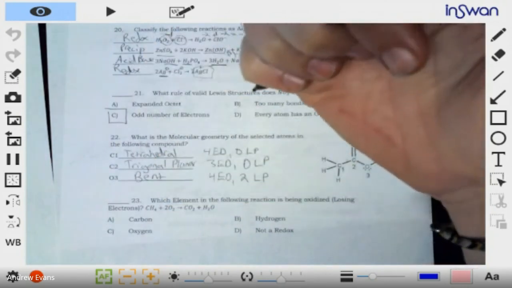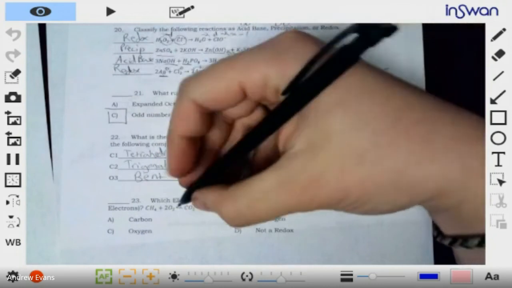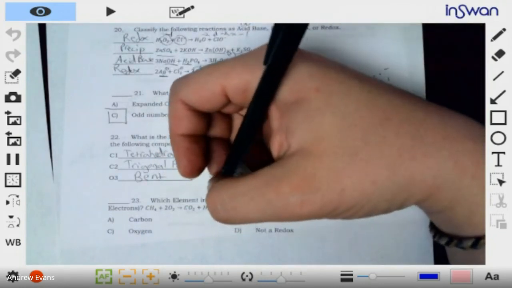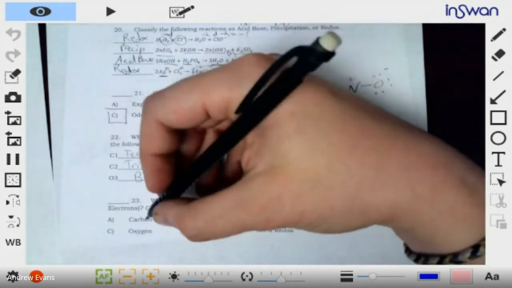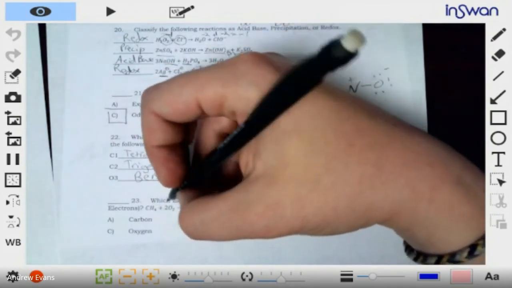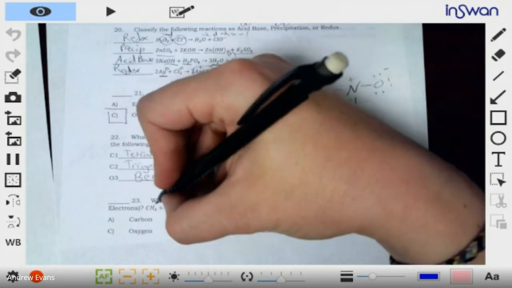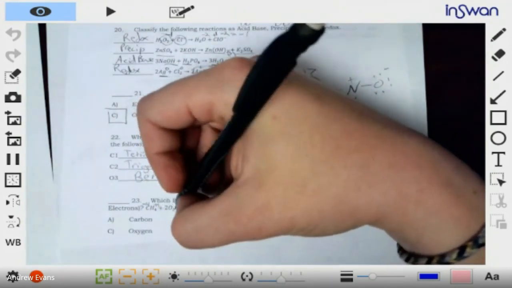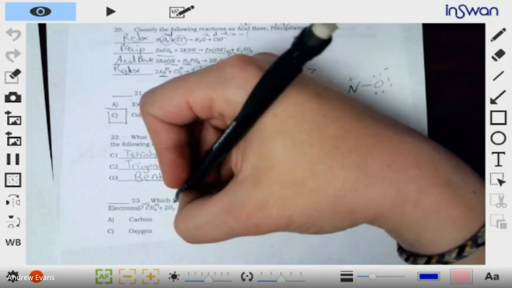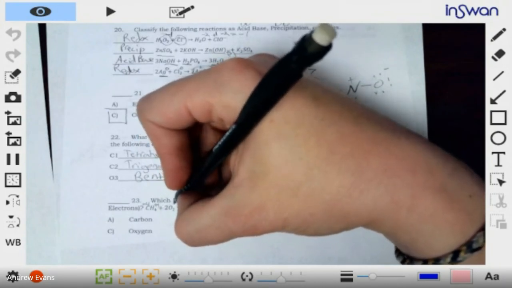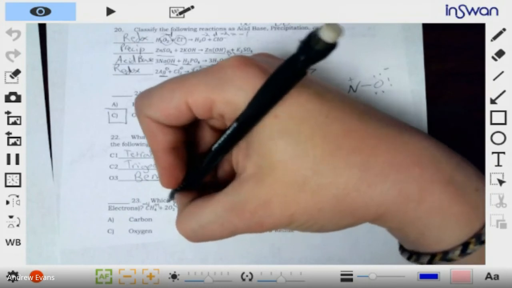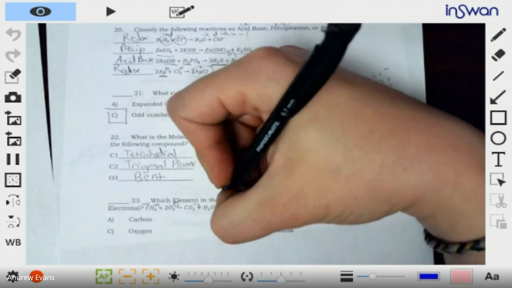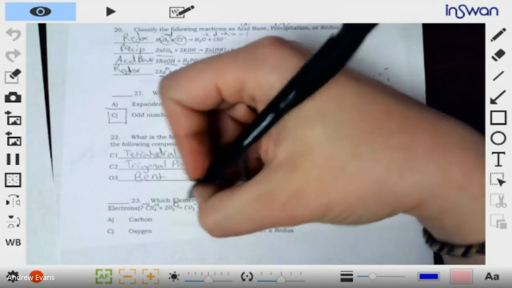This question, 23: which element in the following reaction is being oxidized? So which one is losing electrons? So you have to put a charge on all the atoms. H is +1. C would have to be -4. Oxygen as an element is 0. Oxygen in a compound is typically -2. So H stays +1.